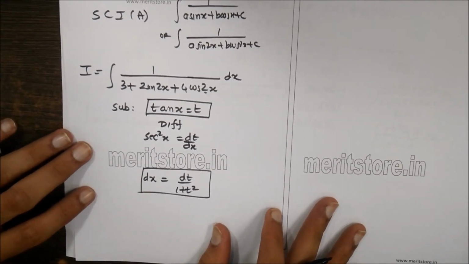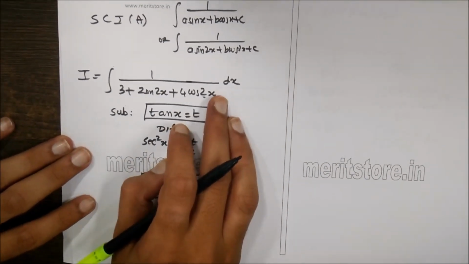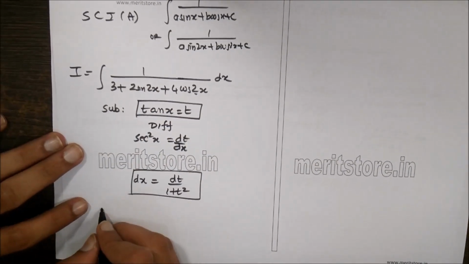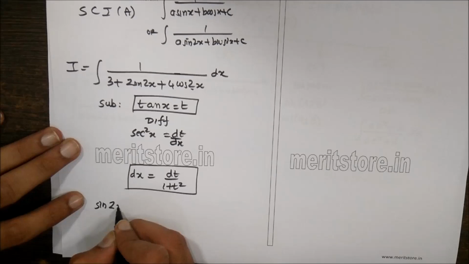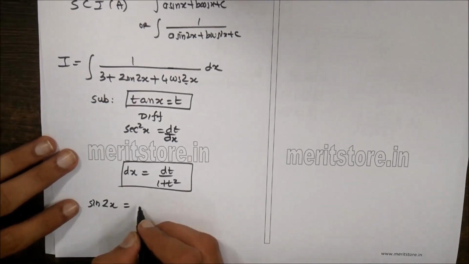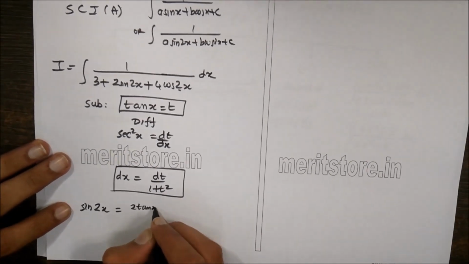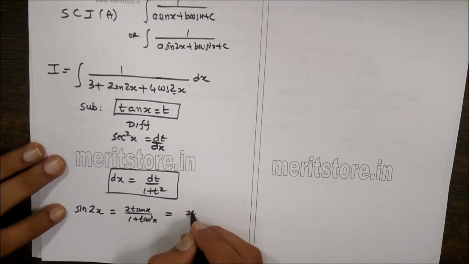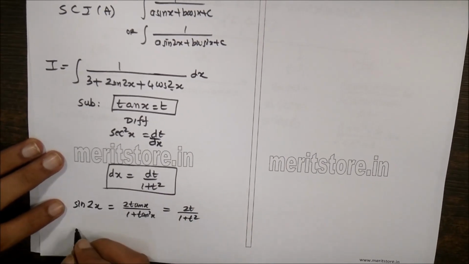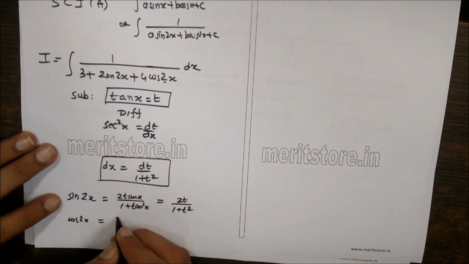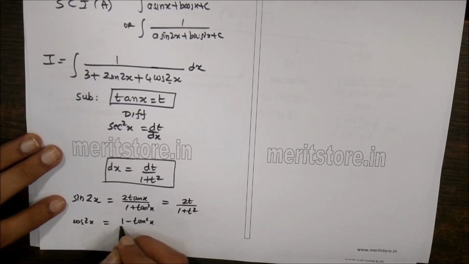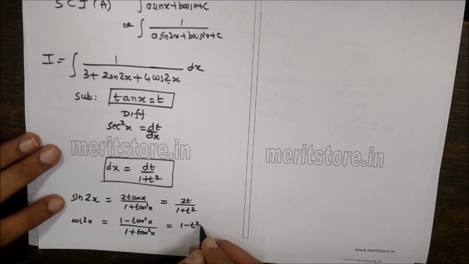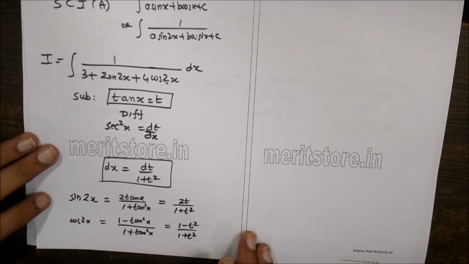Also, I have sine 2x and cos 2x, so I need a relationship between them and the tan term. We use the double angle formulas, where sine 2x is 2 tan x upon 1 plus tan square x, which is written as 2t upon 1 plus t square. Similarly, cos 2x is 1 minus tan square x upon 1 plus tan square x, which is equal to 1 minus t square upon 1 plus t square.